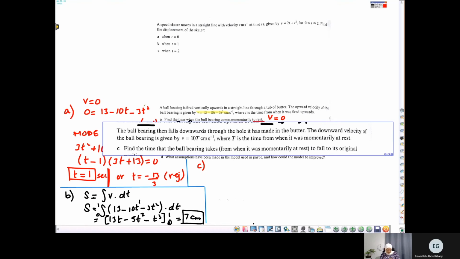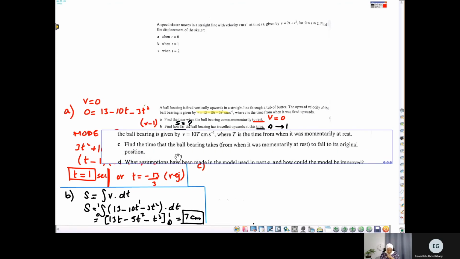The downward velocity of the ball bearing is given by another expression, completely different: V equals 10t centimeters per second, where t is the time from when it was momentarily at rest. So when it went up, it stopped, then it starts to fall. Find the time that the ball bearing takes from when it was momentarily at rest to fall to its original position. So we need now to find the time from rest.